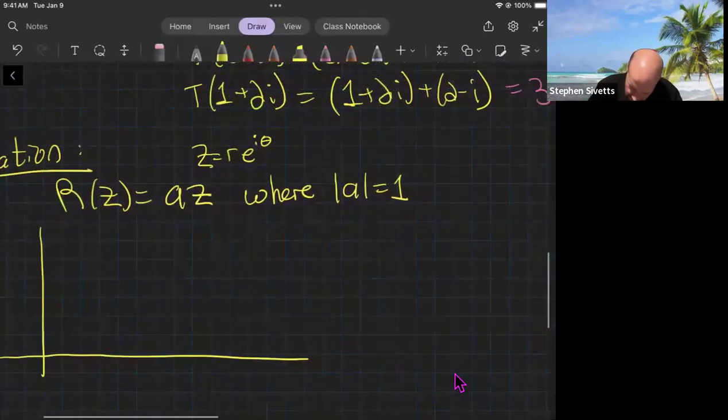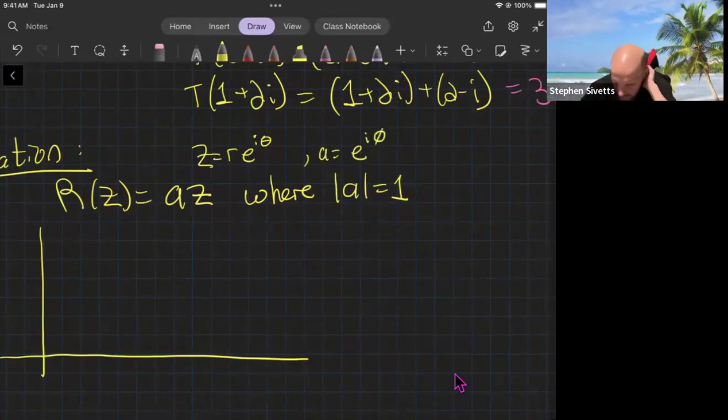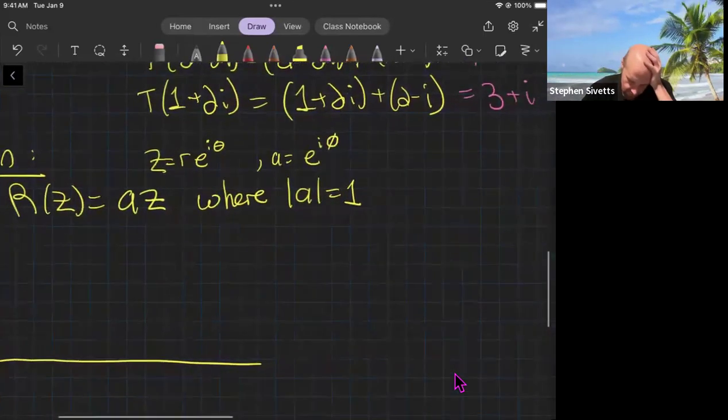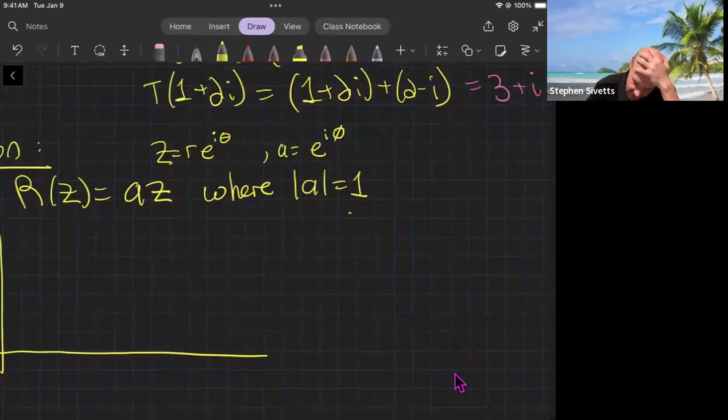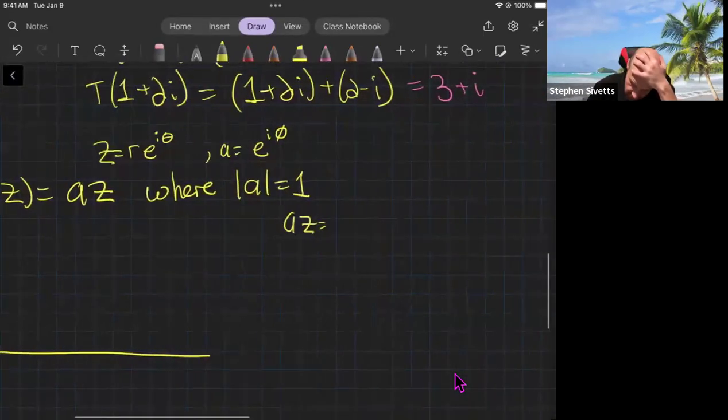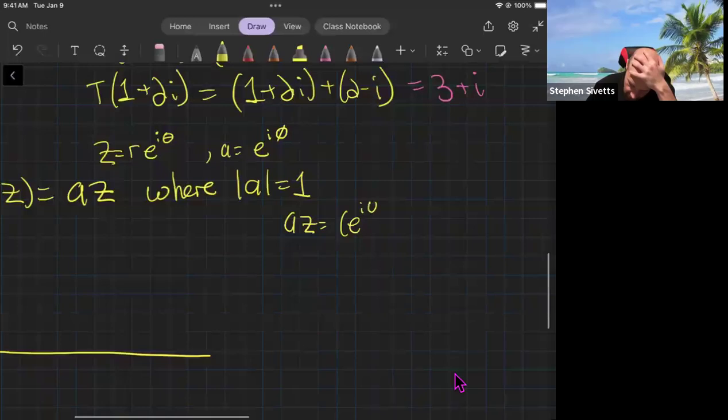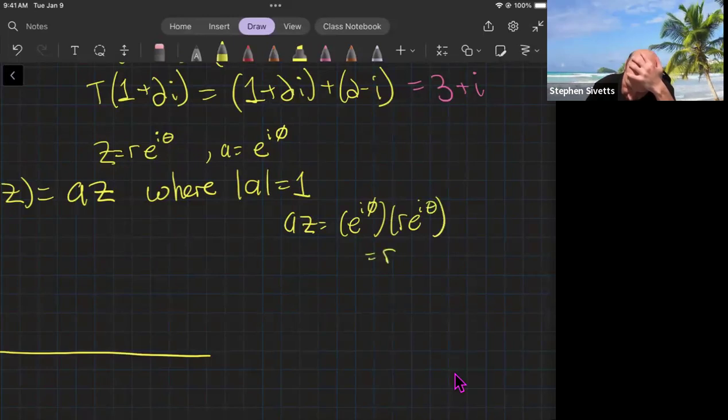And so if we let a equal e to the i phi, let's say, the radius is 1, so it's just e to the i phi, then a times z will equal e to the i phi times r times e to the i theta. So this equals r times e to the i times theta plus phi.